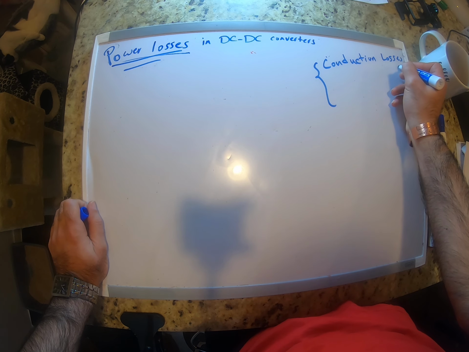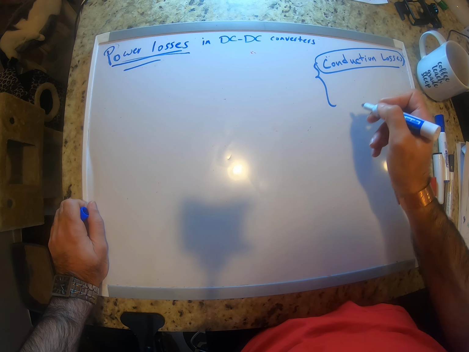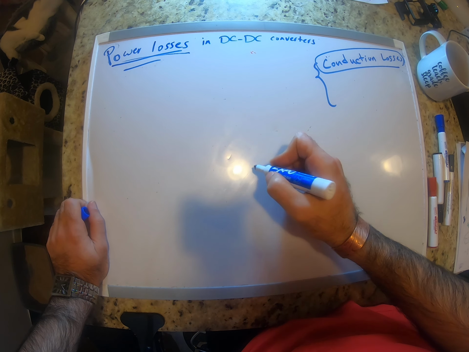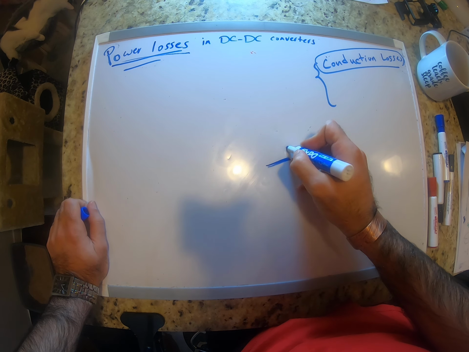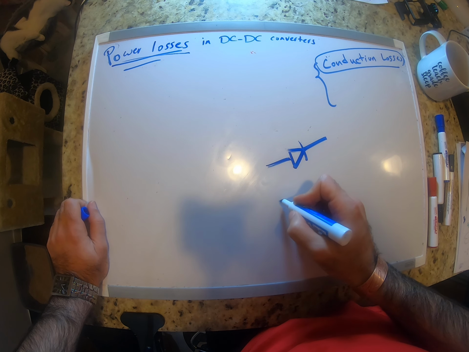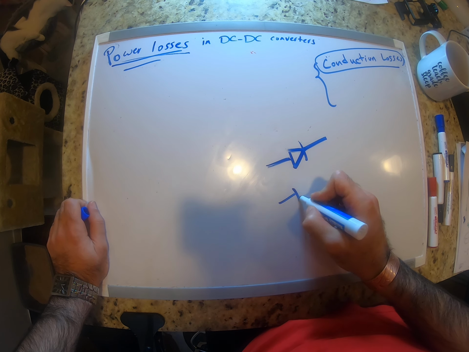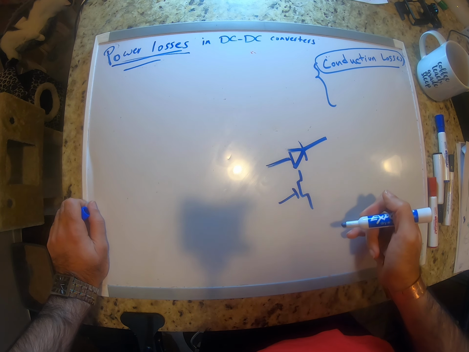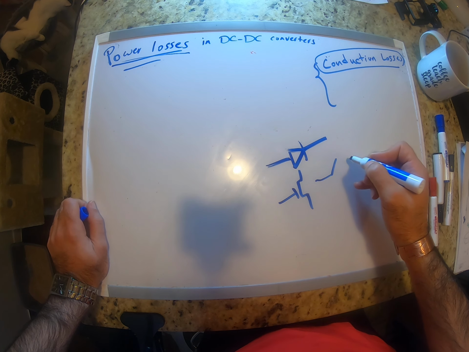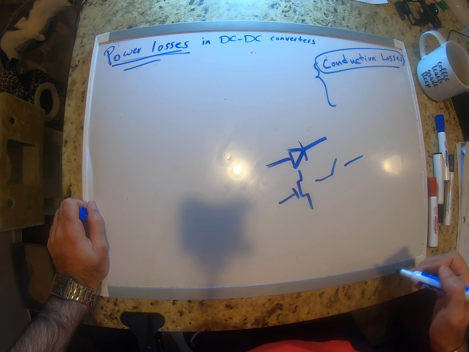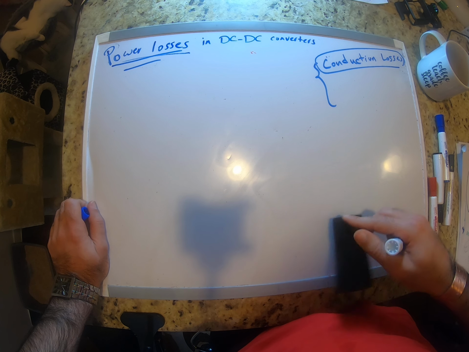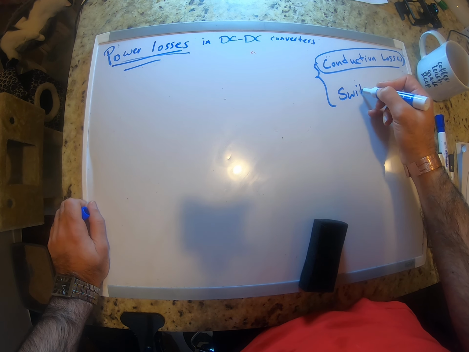These are the losses that happen when there's no switching, when we have passive and active switches, many different types of switches in our circuits. These are going to cause switching losses, which we're going to discuss later.